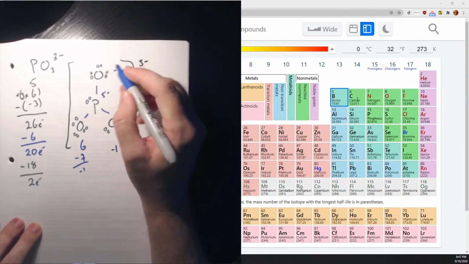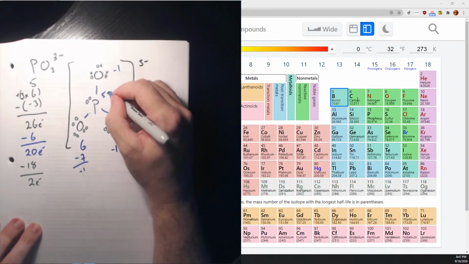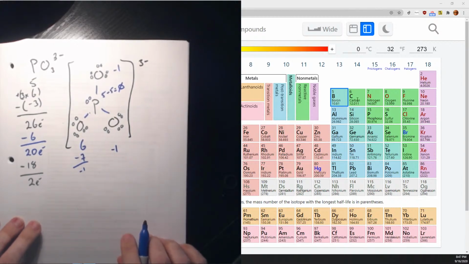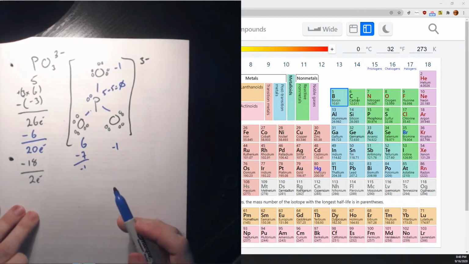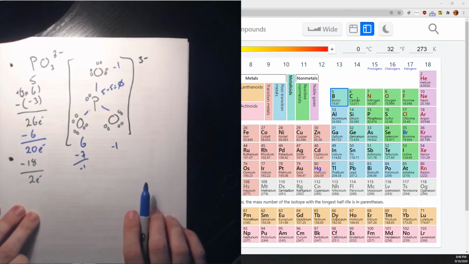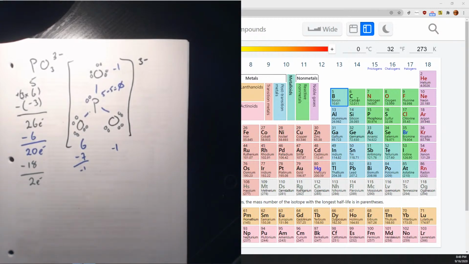How many does it own? 1, 2, 3 from the bonds, 4 and 5 from the lone pair. So it has a formal charge of 0. Once again, our formal charges add up to -3. 0, -1, -1, -1, -3. And again, this is the best we can do. I chose poorly when it came to an example that would need to be fixed.